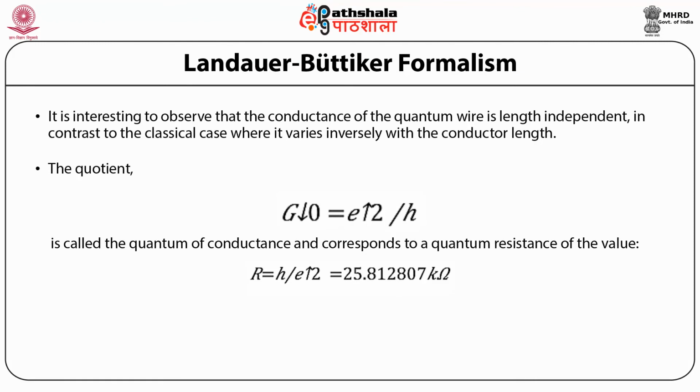Now a conductor demonstrates ohmic behavior when its size or dimension is sufficiently bigger than these lengths. This characteristic length depends on the type of material and gets affected by magnetic field or temperature.